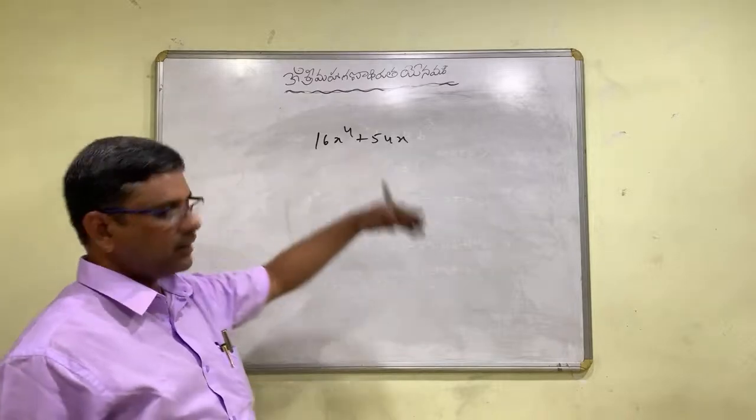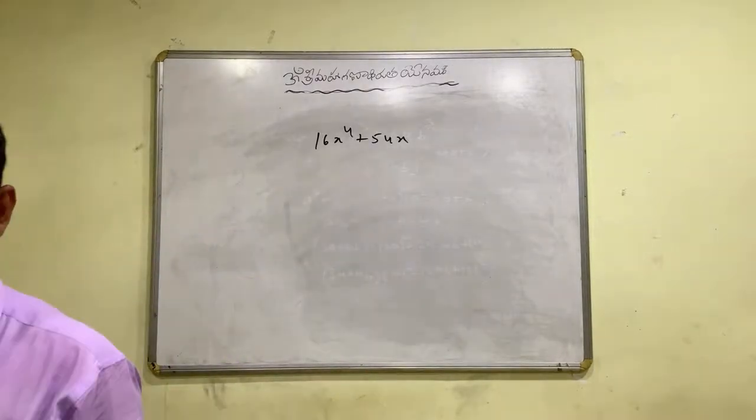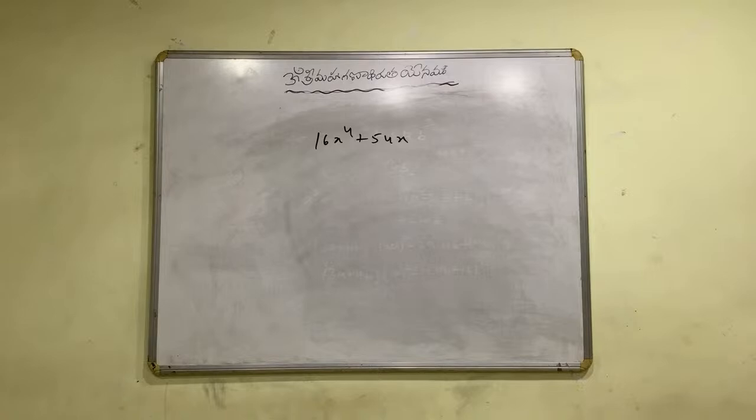This polynomial also contains two terms, but they are not perfect cubes. If you see those two terms, we can take something common in that. What is that common that we can take from those two terms?